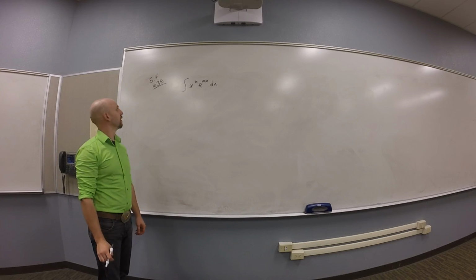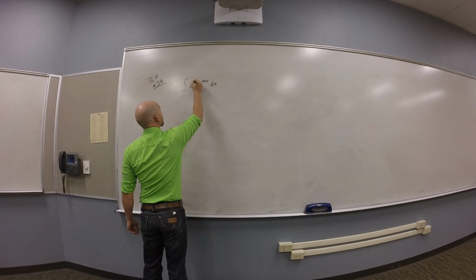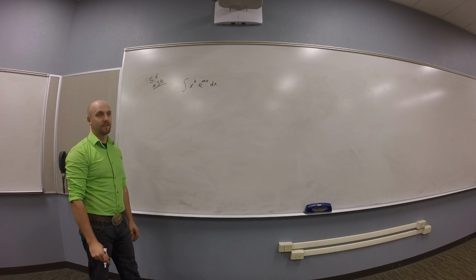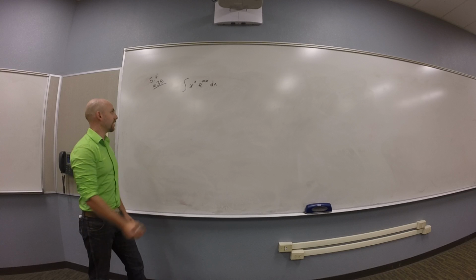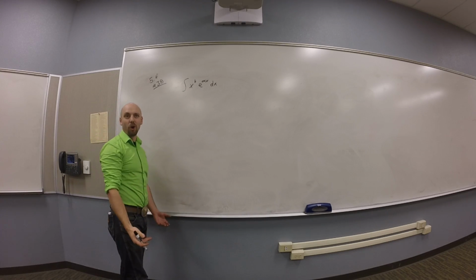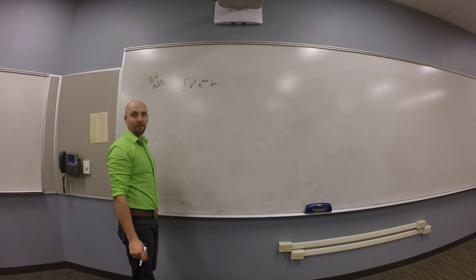x to the k. Oh, sorry. So in Calc 2 land, you'd be like, okay, well, if I differentiate x a bunch of times, it'll go away, right? I know how to integrate e to the alpha x.